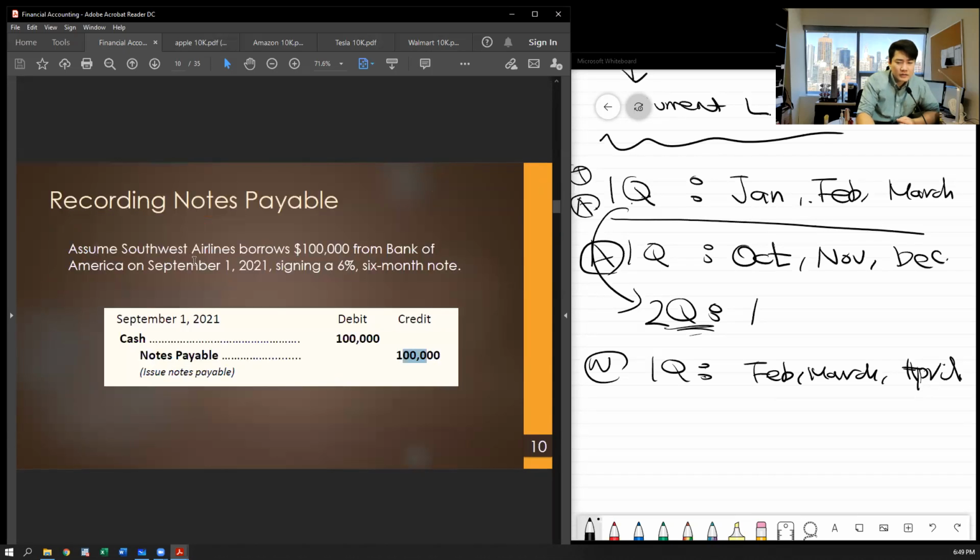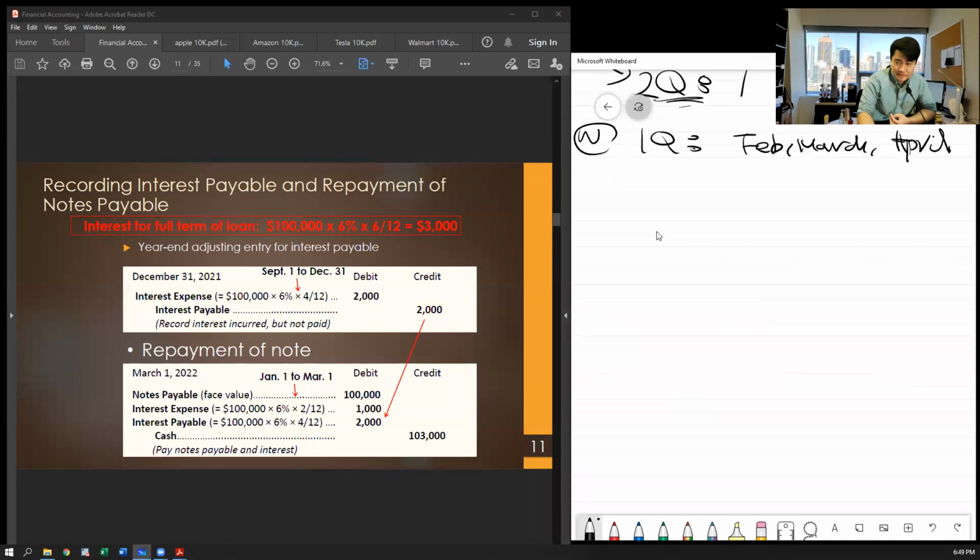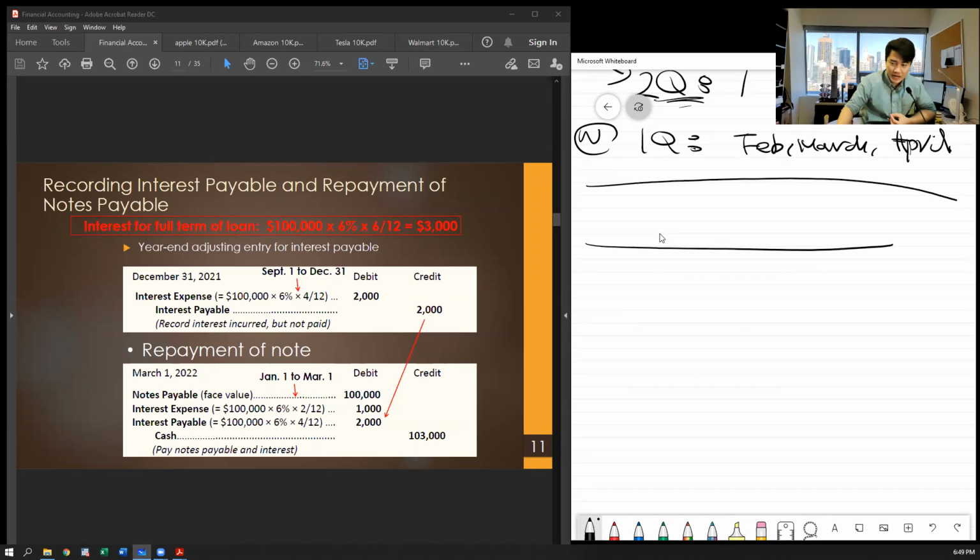This was on September 1st, due in 6 months. So at the end of the year, December 31st, there will be some adjustments to these notes. Let me draw a timeline here.